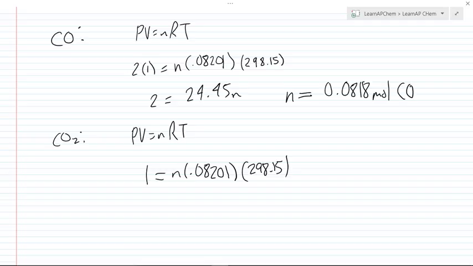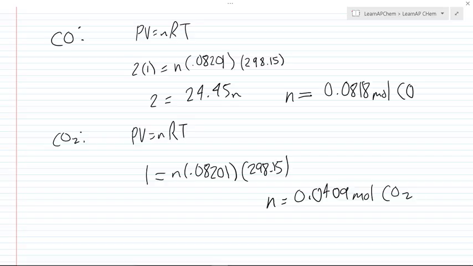Alright, and so doing that, we end up with 0.0409 moles of CO2. Okay, so we have the amount of moles of each.